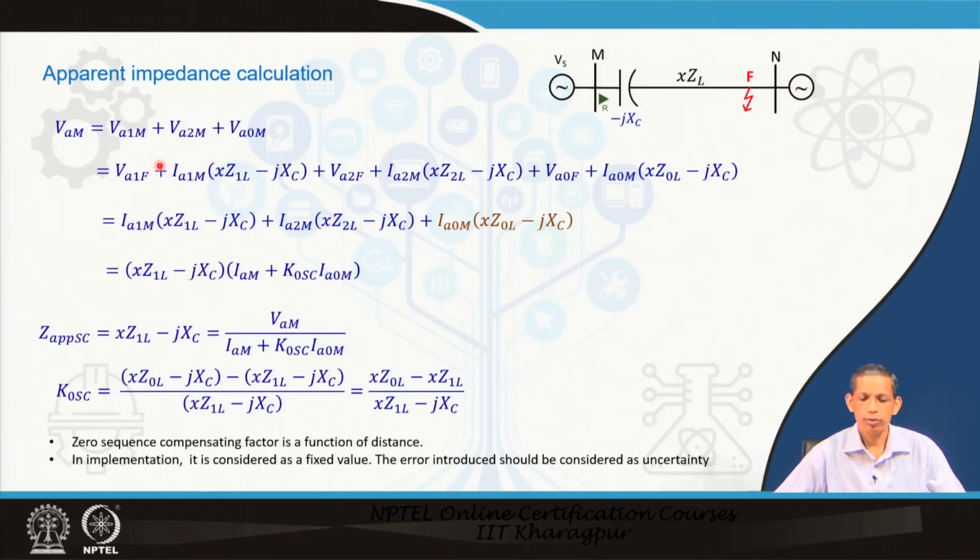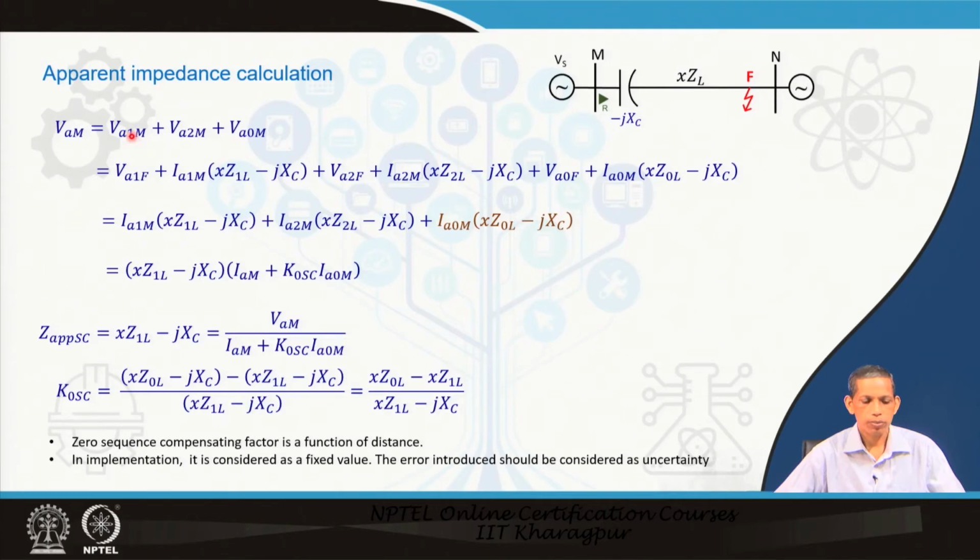This is a line to ground fault case. So, let us see here VAM equals VA1, VA2 and VA0 at M bus. But then again, using the fault point voltage, VA1F plus VA2F plus VA0F, and the other portion from the sequence diagram perspective.